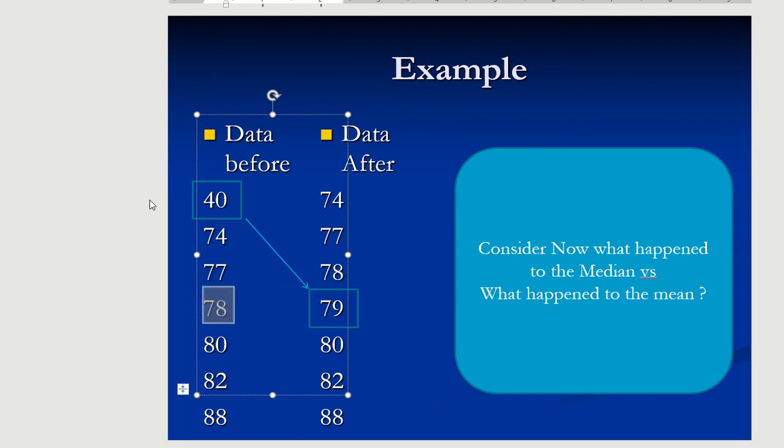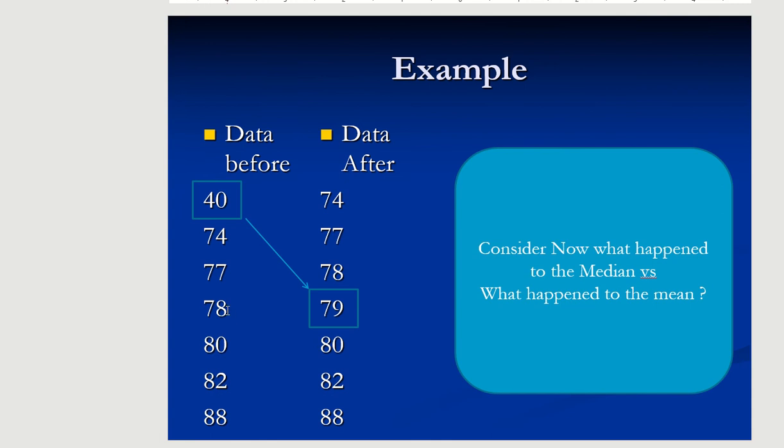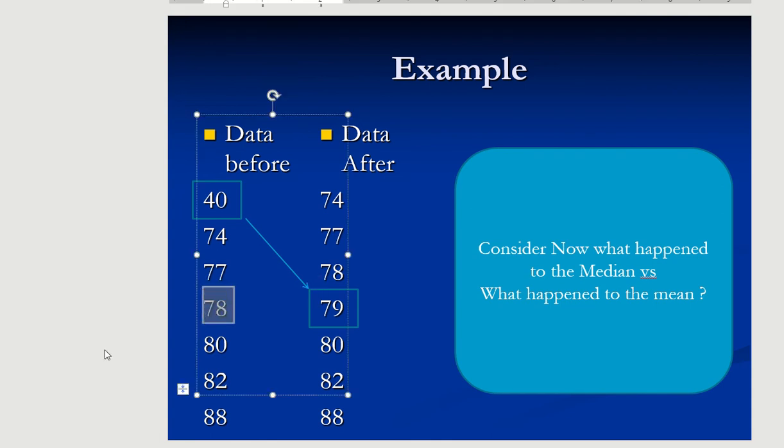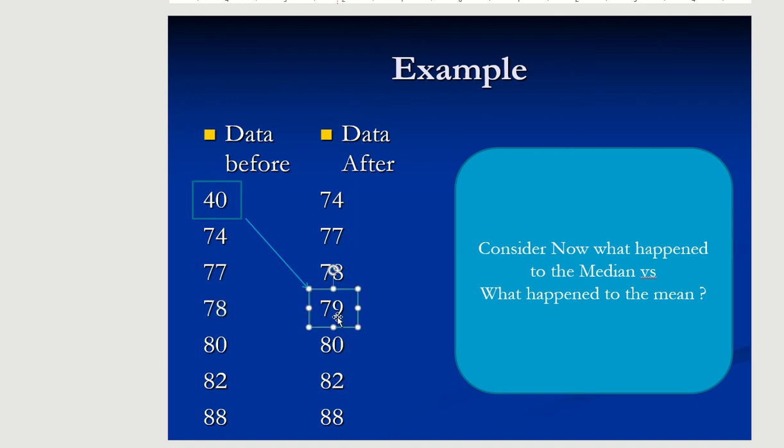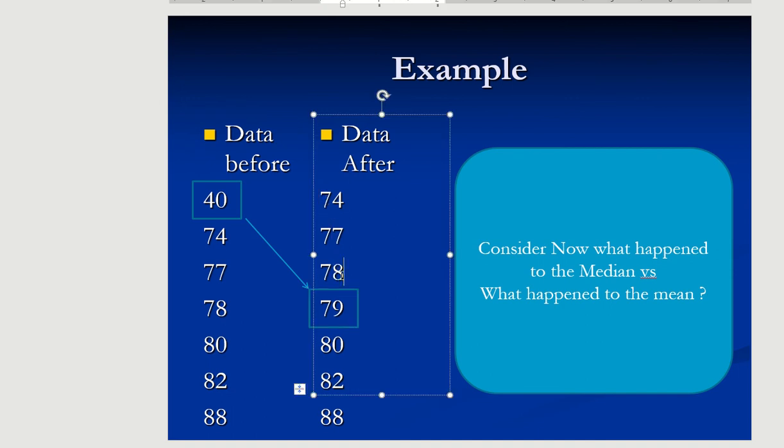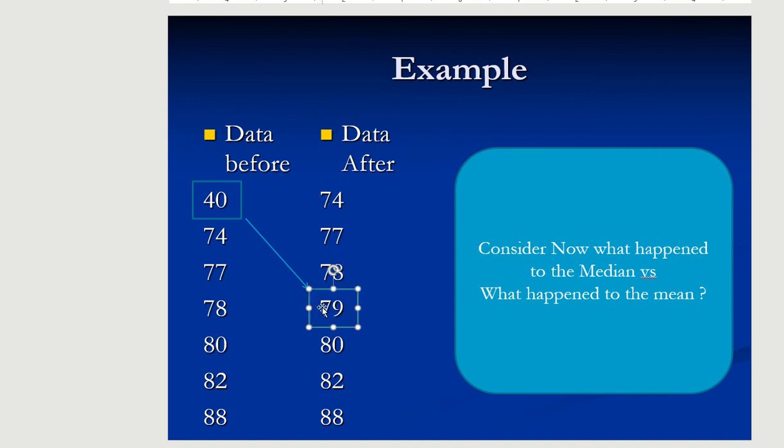Okay, so before the student was allowed to take the exam again, the median grade was 78. When the student was allowed to take the exam and his or her grade changed from 40 to 79, the median now becomes the fourth observation. So 1, 2, 3. The fourth observation is 79.